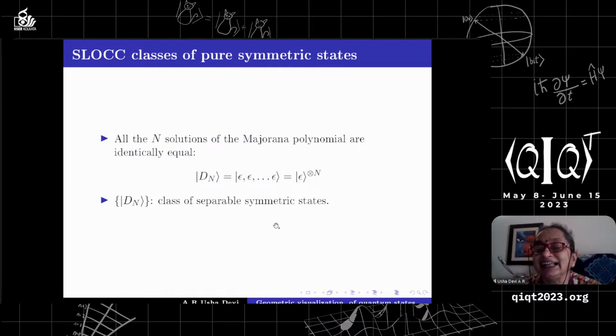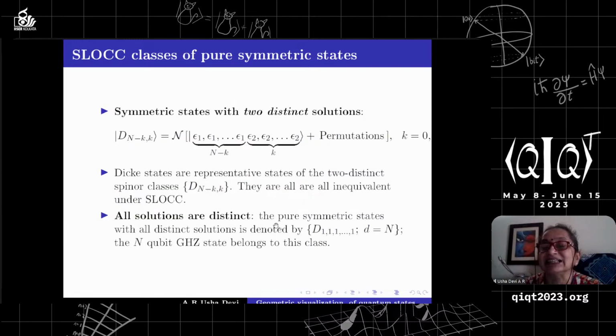What kind of an entangled state, and its classifications, can be studied. So symmetric states with two distinct solutions means I have epsilon 1 and epsilon 2, which are my qubit states. And then I have n minus k times epsilon 1 and k times epsilon 2, and then I permute it.